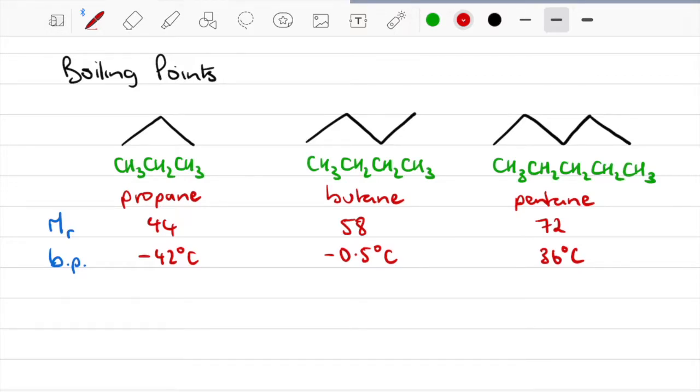But that in itself is not enough to have permanent dipole-dipole interactions. You must also look at whether there is a net dipole, so whether there is an overall dipole in the molecule. The reason that you need the second as well is that it is possible to have a substance with multiple polar bonds that actually cancel each other out. There is no net dipole. So that's one of the things you've got to consider.